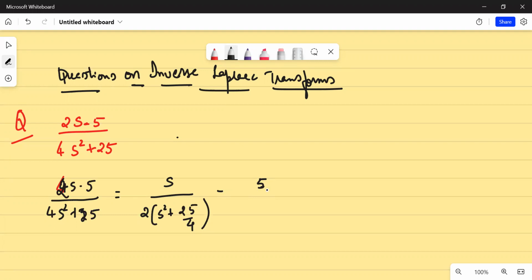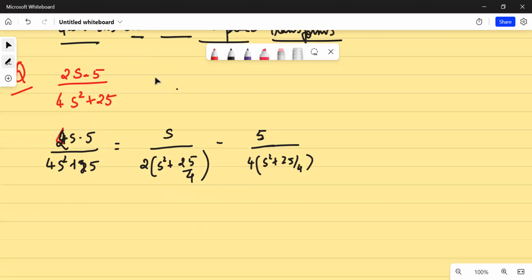If you take 4 common out from here, you get 4 times (s square plus 25 by 4). Now I have to find the Laplace inverse of this particular function, that is (2s minus 5) divided by (4s square plus 25).